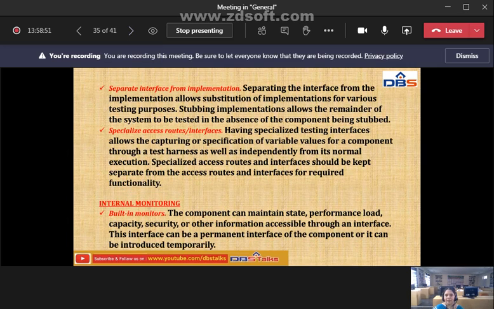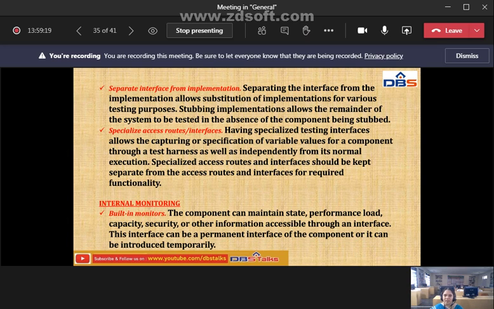Next, separate interface from implementation. Separating the interface from the implementation allows substitution of implementations for various testing purposes. Stubbing implementations allows the remainder of the system to be tested in the absence of the component being stubbed.